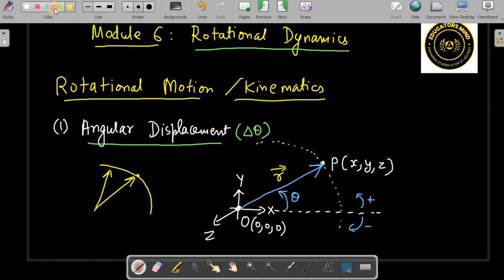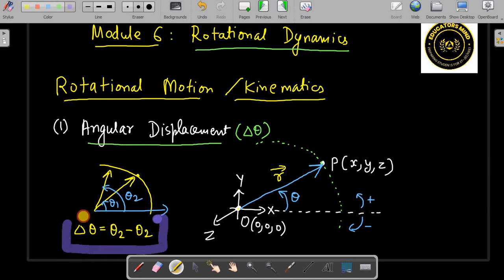Its angular position is theta 1, and now it is theta 2, with proper sign. So the angular displacement delta theta will be theta 2 minus theta 1, just like in the case of linear displacement, x2 minus x1.